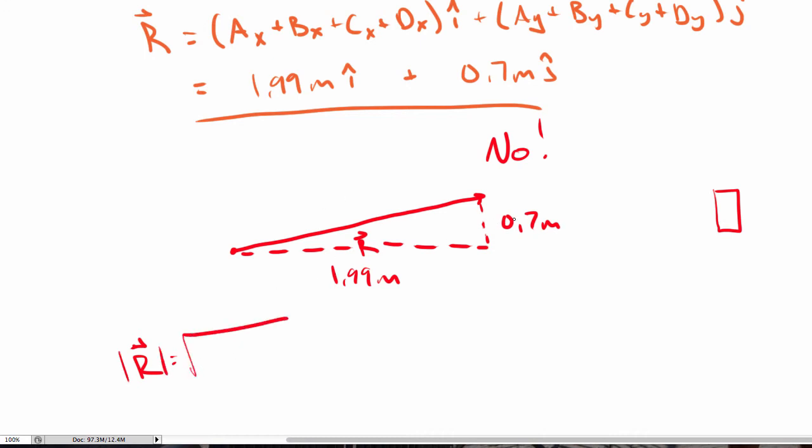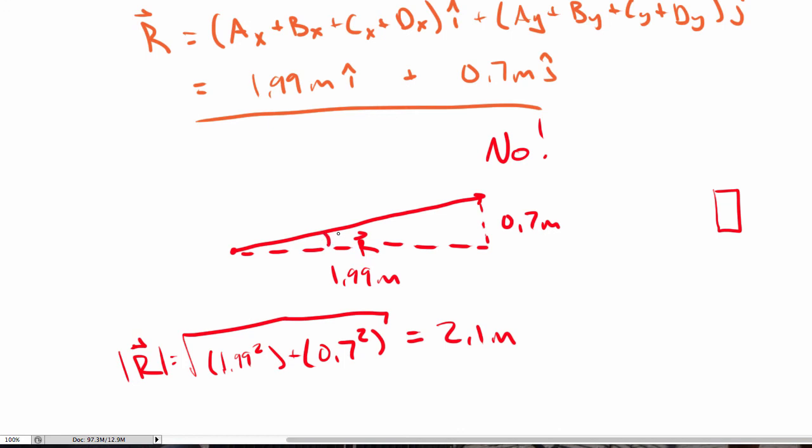We have a right triangle here. We have the two sides of the right triangle, and we're looking for the length of the hypotenuse. So all we need to do is take the square of the sides and add them together. We're going to take 1.99 squared plus 0.7 squared, and then take the square root. If you do that calculation, you should get 2.1 meters. So that's the magnitude of vector r.